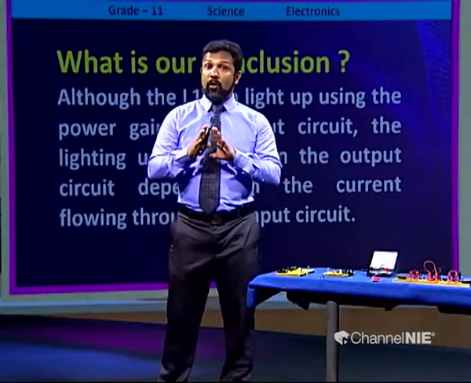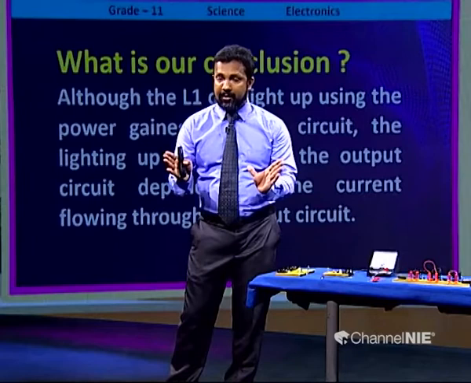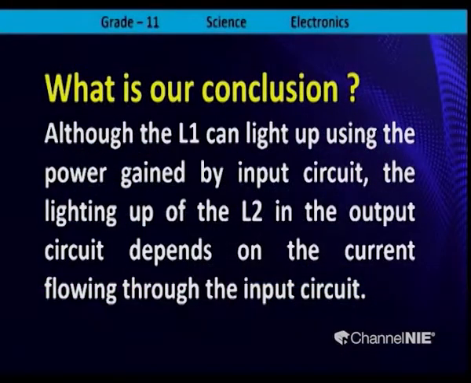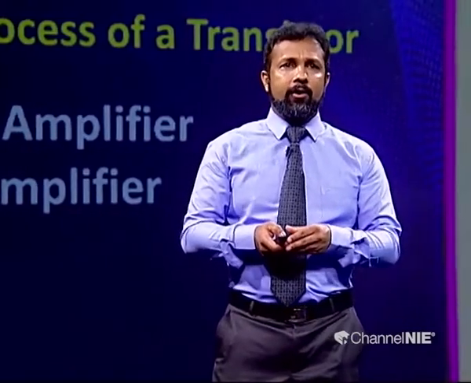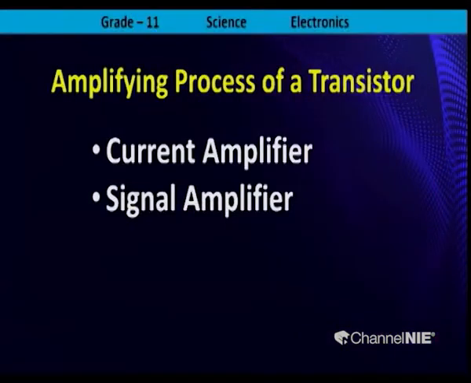If there is no flow of current in the input circuit, there is no flow of current in the output circuit. Then we are going to focus our attention on the amplifying process of a transistor. There are two instances. What are they? Current amplifier and signal amplifier.